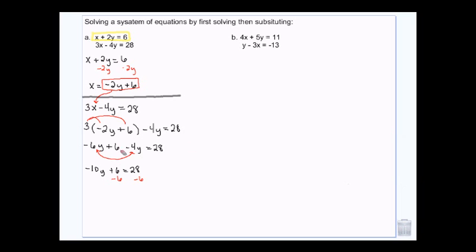Oh, no, not 6. Guys, catch me when I do stupid stuff. You get extra credit. There we go. I distribute the 6 to both terms inside the parentheses. See how easy it is to make mistakes? That's why you always check your work.